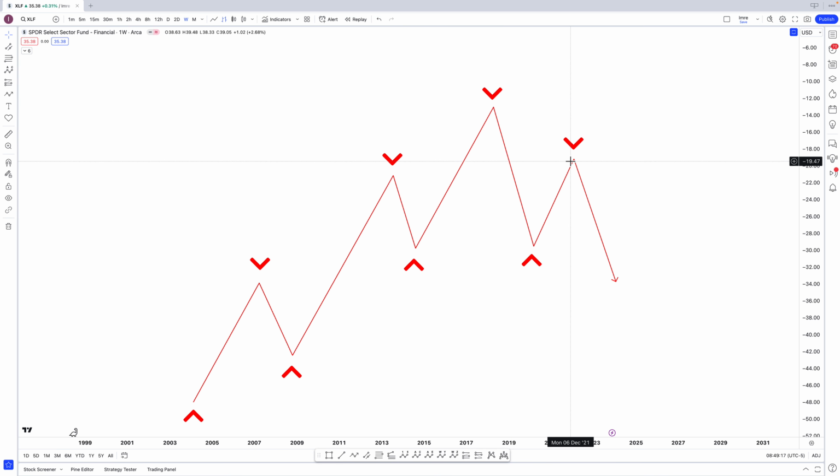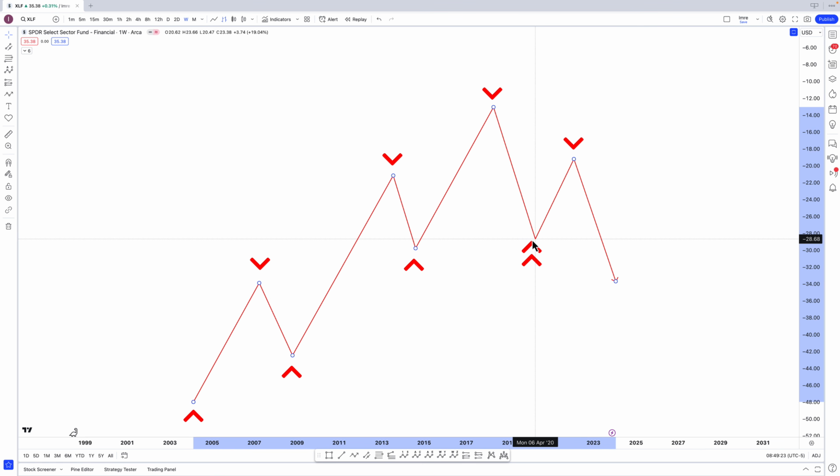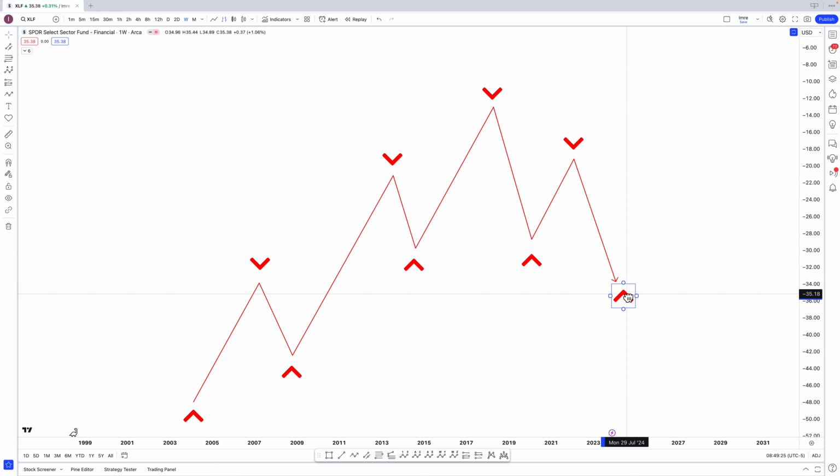The market exhausts itself here and turns down, at which point we have a lower low. So at this junction, right here, I would say that the market is in a downtrend until further notice, all right?